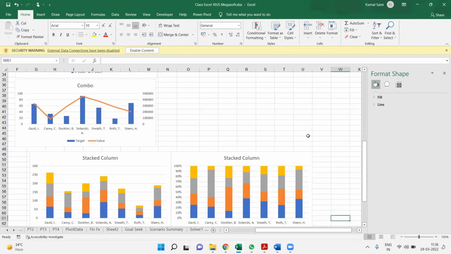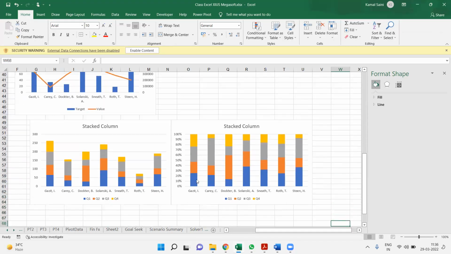You can see almost 25% is coming from the first quarter, and 30+% for the third quarter. Almost 50% business is coming from the third quarter. All the bars will be of the same length, but they will come as a percentage size. So this is 100% stack.